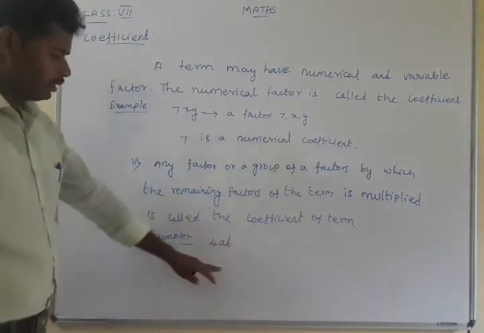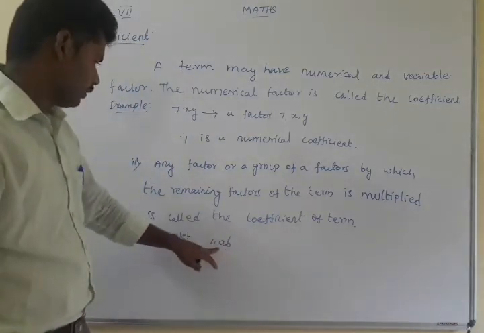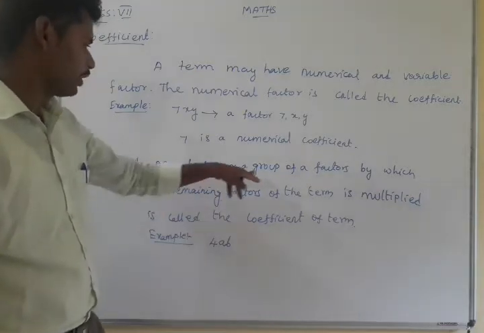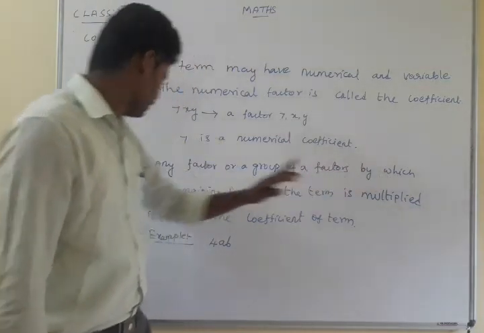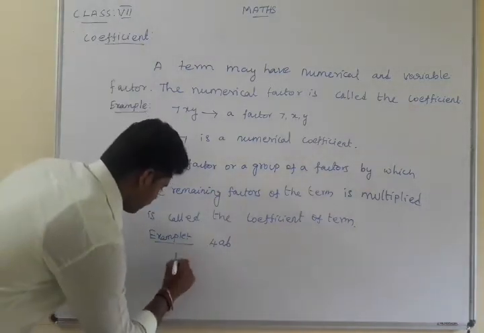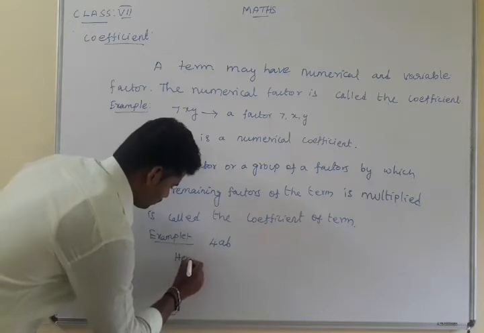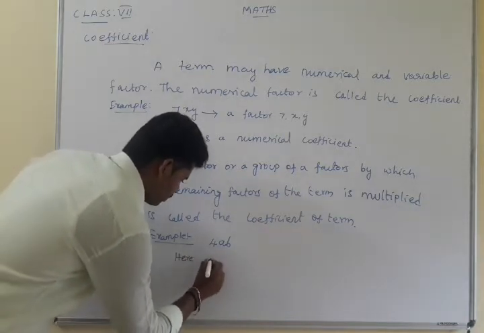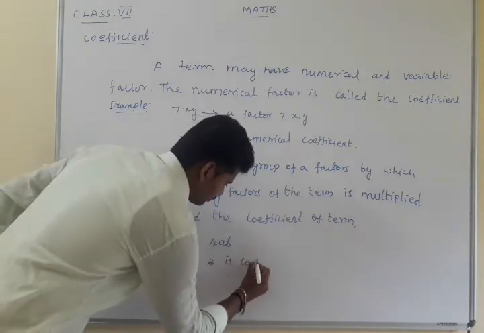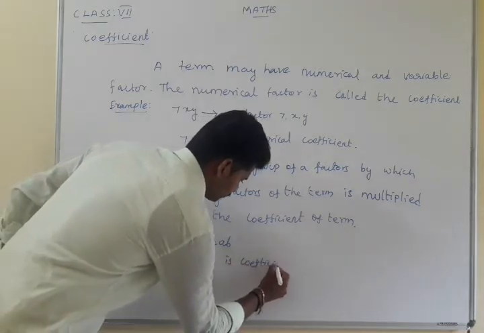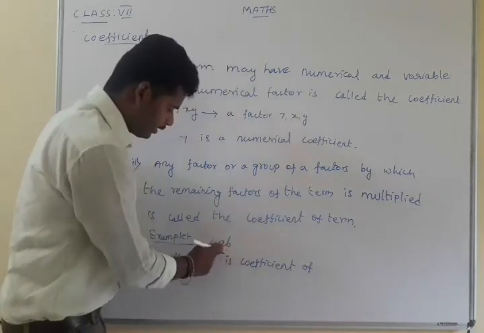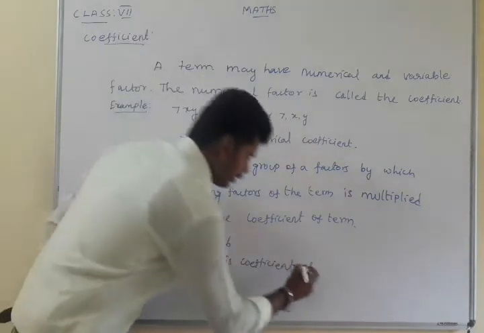Example, 4ab. This is one term. Here the factors are 4, a, b. Any factor or group of factors by which the remaining factors are multiplied. Here 4 is the coefficient of the remaining term ab.